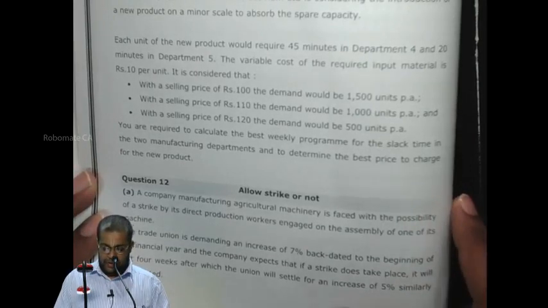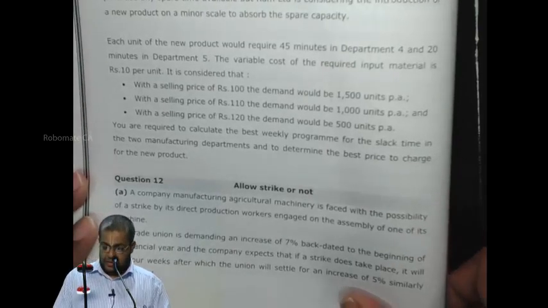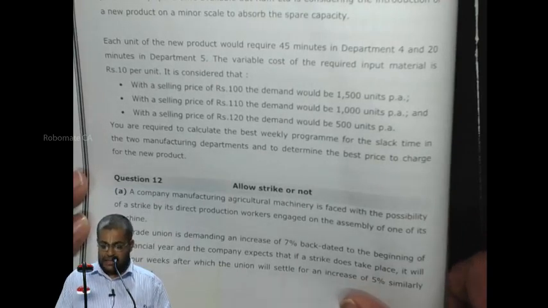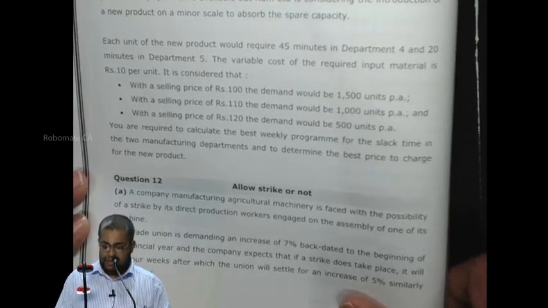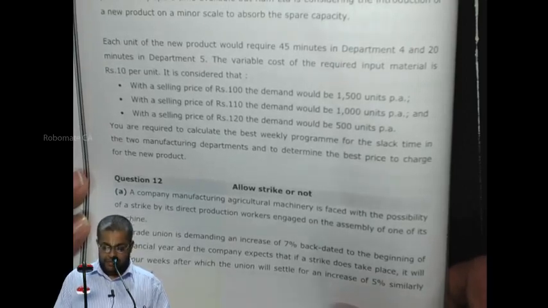The trade union is demanding an increase of 7% backdated to the beginning of the financial year, and the company expects that if the strike does take place, it will last 4 weeks, after which the union will settle for an increase of 5% similarly backdated.